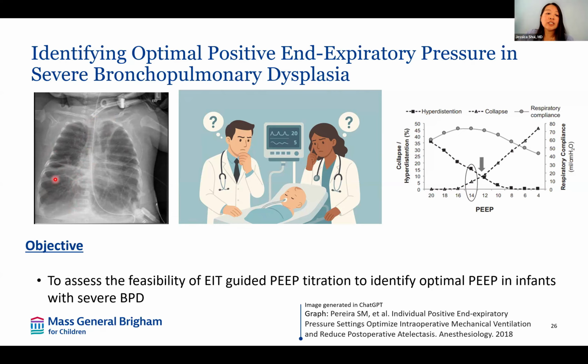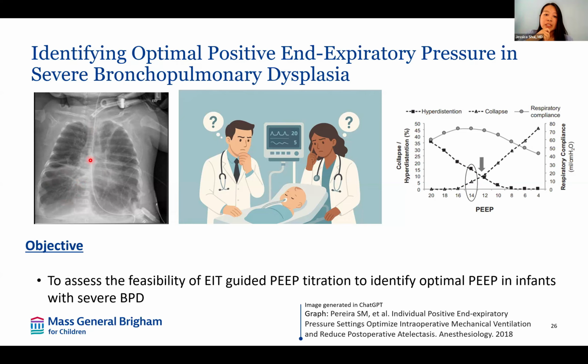You're really trying to balance how to optimally oxygenate and ventilate them, because by trying to increase the pressure to resolve areas of atelectasis, you may end up causing more barotrauma and volume trauma on healthier lungs that have better compliance and are overdistended.